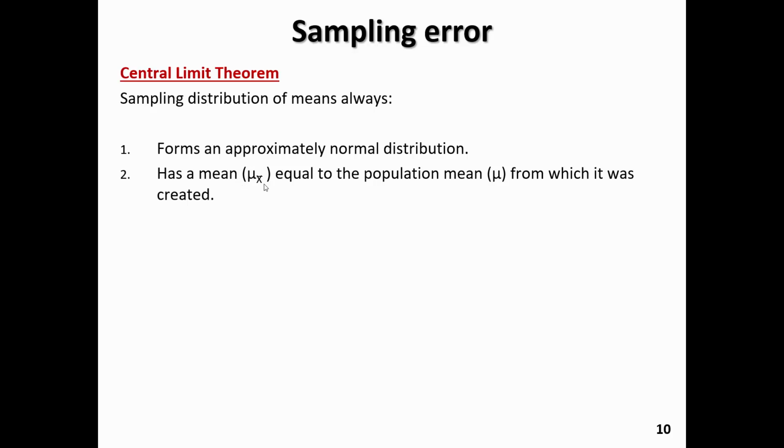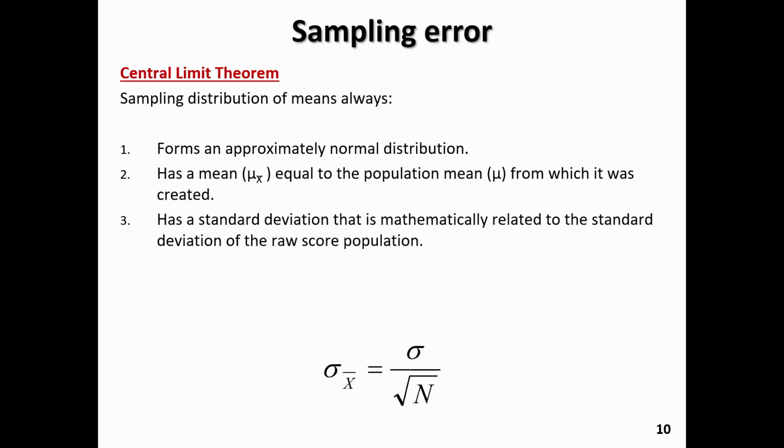If we take a large enough number of those, then our mean will equal the population mean. The central limit theorem also states that the standard deviation will be mathematically related to the standard deviation of the raw score population. So the standard deviation obtained from our samples, in theory, will equal that if we take the population individually.